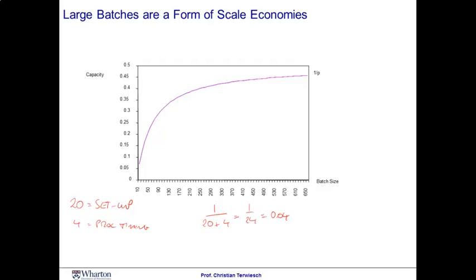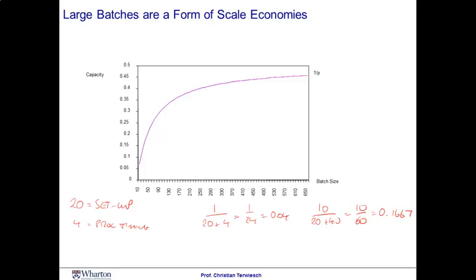Now increase the batch size from 1 to 10. We're having 10 units, and it will take us 20 minutes to set up plus 40 of production, which is 10 divided by 60, which is equal to 0.1667. Now think about a really big batch size.